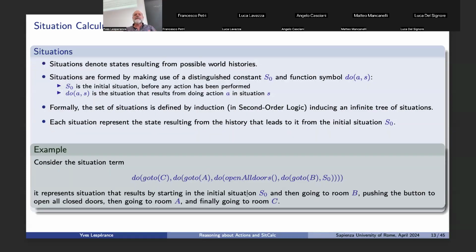Essentially, we will see that there's an axiom that defines this infinite tree of situations. It basically says that every situation corresponds to a list of actions, and actually a finite list of actions, starting in S0.